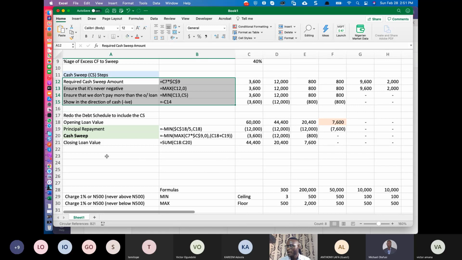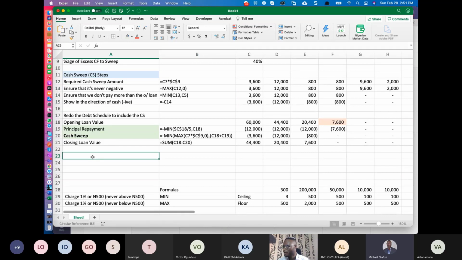And you know, in a real life model, this will now adjust your cash flow. Naturally, this will now feed back into your cash flow from financing.